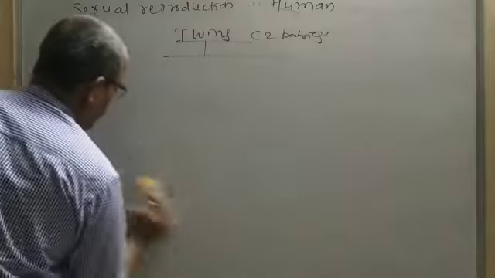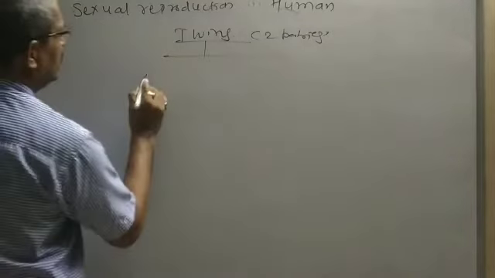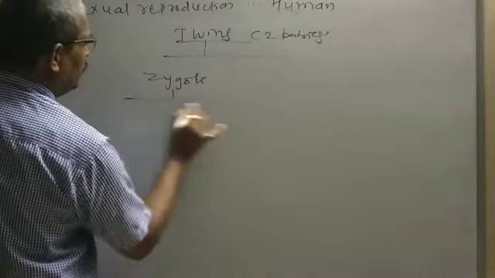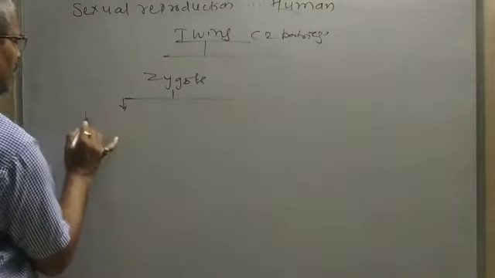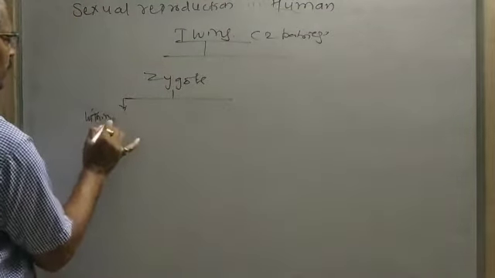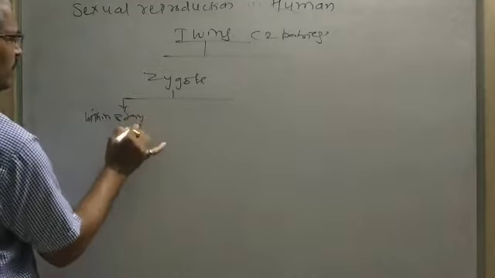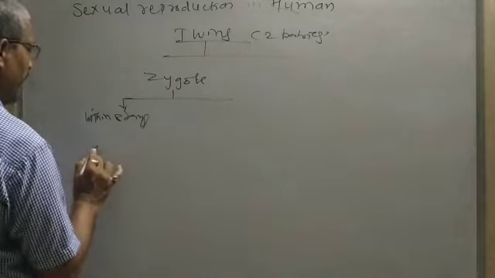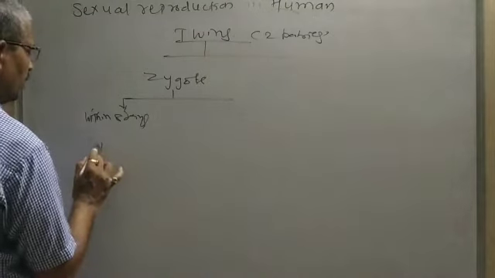Now look, this is a zygote. From this zygote, within 8 days, the zygote divides and twins are formed.